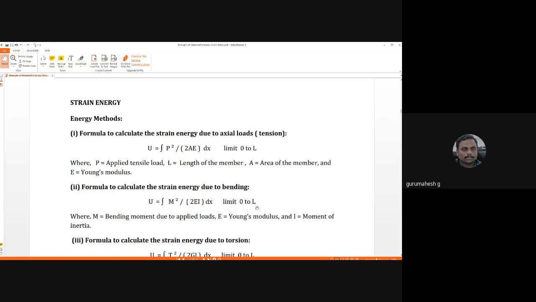Energy is nothing but work done. Let us take a stress strain curve. In the stress strain curve, we apply load on the body and it deforms. Up to a certain point, small voids start to form in the material. Up to that point, the amount of energy stored in the body is called strain energy.